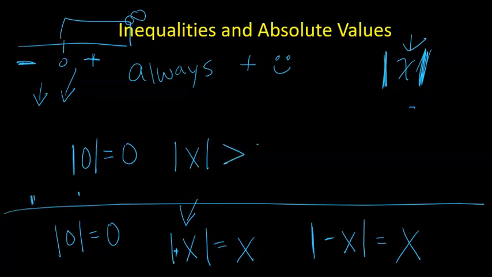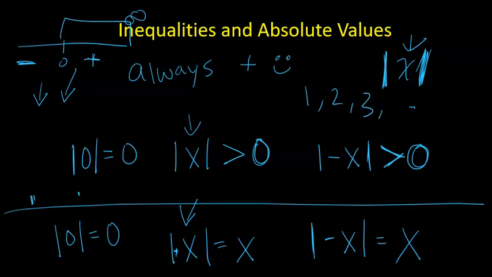Your absolute value stuff is going to be greater than 0. And if it's negative, it's also going to be greater than 0. That's important because no matter what you put in here, it's always going to be bigger than 0. What's bigger than 0? 1, 2, 3, 4, 7, 14 million, because it always comes out positive.